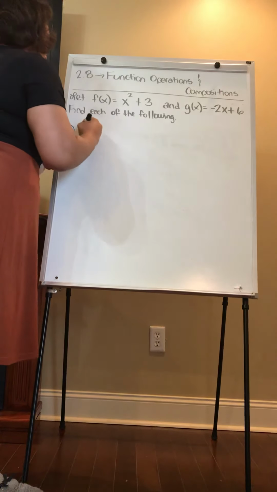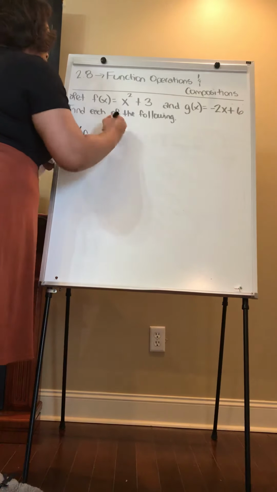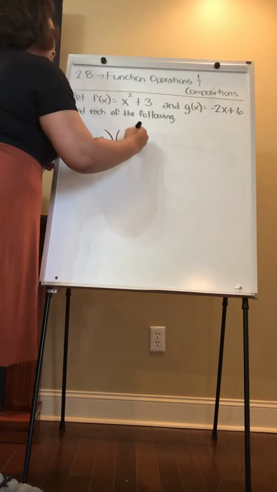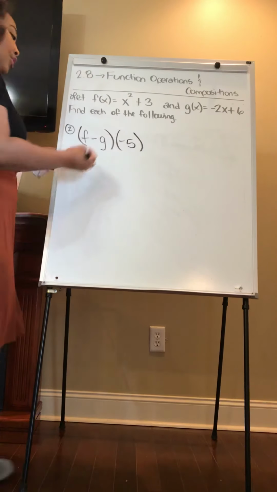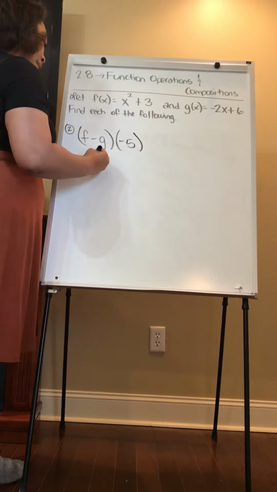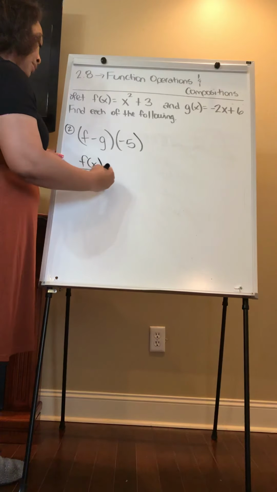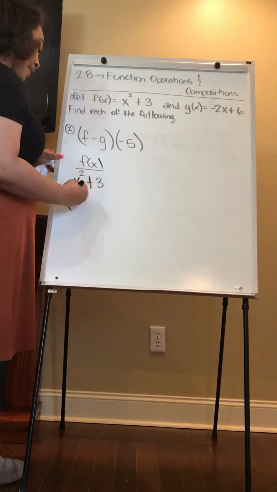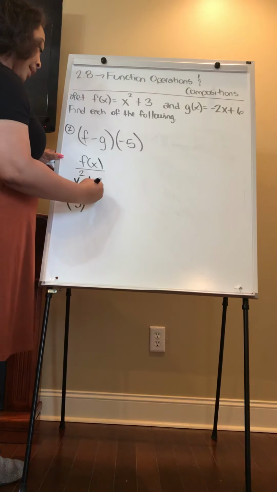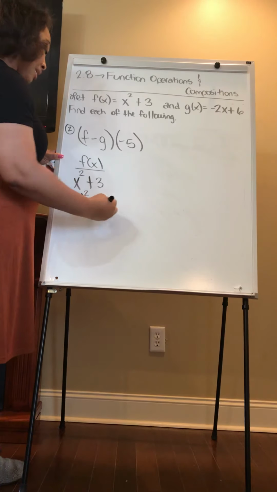Let's do f minus g of negative 5. So we're going to go again to the f function, which is x squared plus 3. In the place of x, you're going to plug in that negative 5.